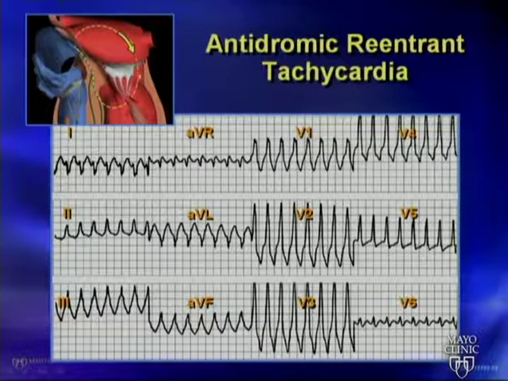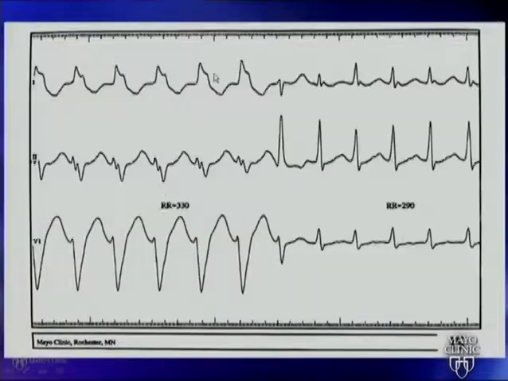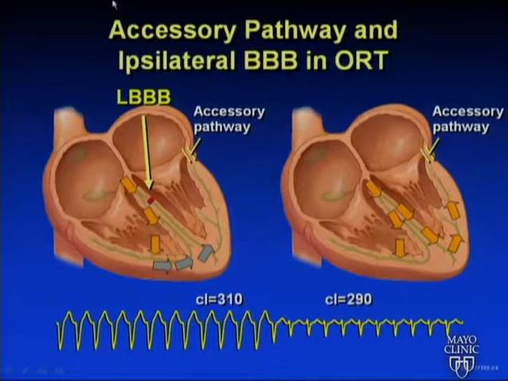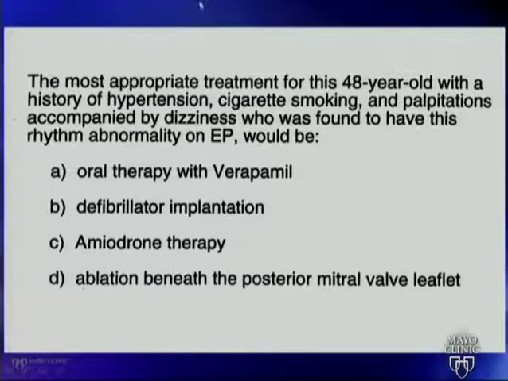Antidromic, you're going down through this pathway to get to the ventricle. So it's just like VT. The ventricle is getting activated first. Antidromic tachycardia, regular wide complex tachycardia. Just skip ahead. I'll cover this in the afternoon talk, but I want to go through a couple of questions with you and discuss the answers a little bit.